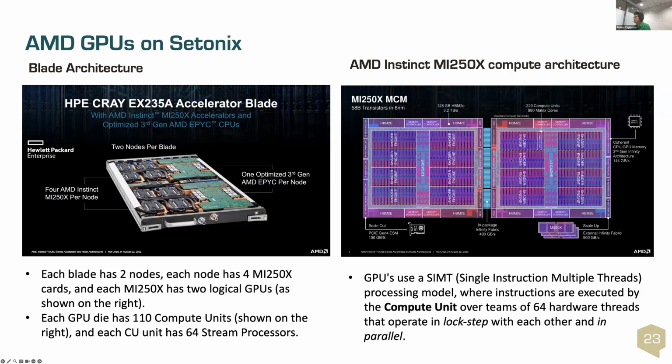Okay, so this is a schematic of each of the MI250 cards, and these are the 2 GCDs, with all the compute units around. How many compute units? I don't know if it says here 220 compute units or 880 matrix cores per GCD.